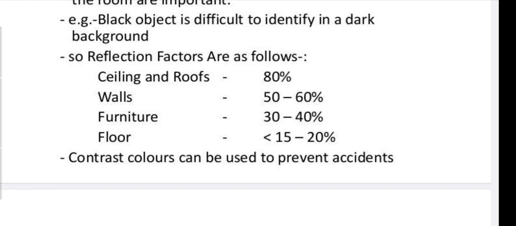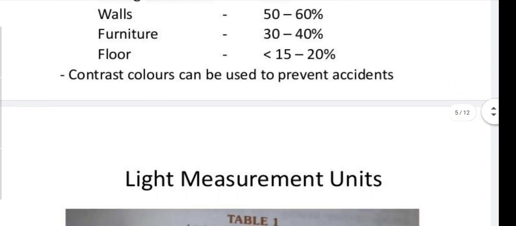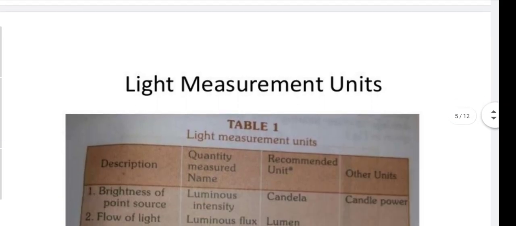If it is falling on the walls, 50 to 60% reflection. If it is falling on the furniture, it is 30 to 40% reflection, and on the floor it is less than 15 or up to 20% reflection. Contrast colors can be used to prevent accidents. So it will be well visualized, so there will be no accident.